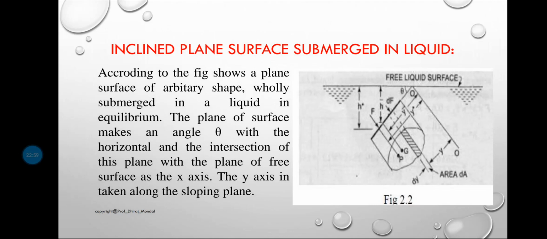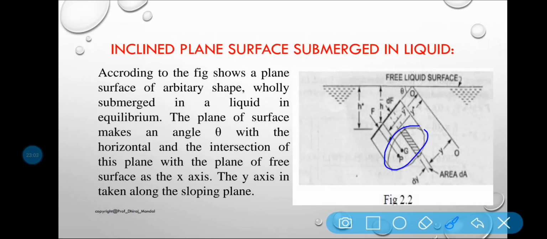The object is making an angle theta, this is H bar, this is H star, that is your center of pressure, and this is your y star, and this one is your y bar, the distance from the center of gravity.